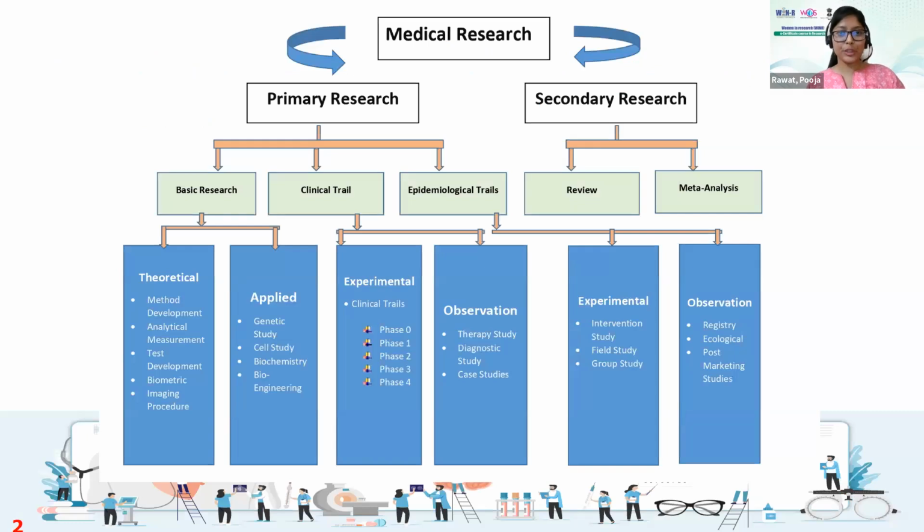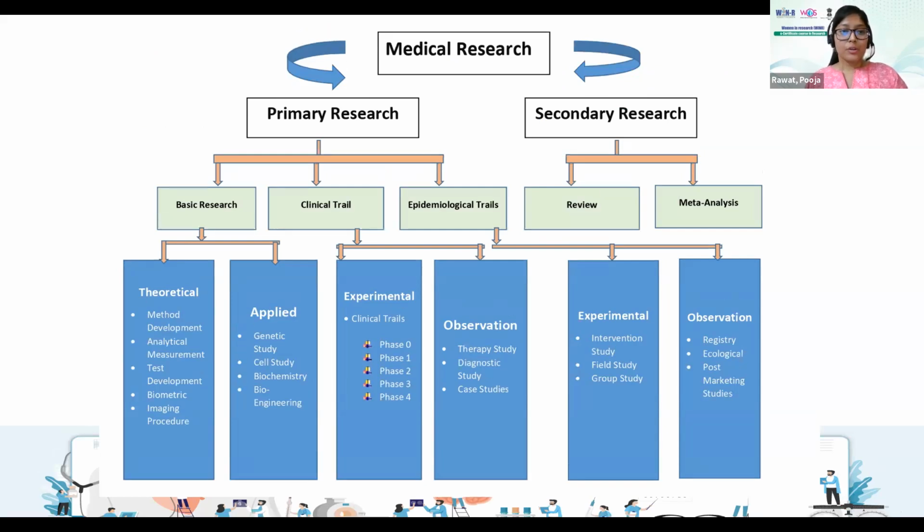So you can see this is a broad spectrum of medical research. Medical research is classified into primary and secondary research. Clinical and experimental studies are performed in primary research, whereas secondary research consolidates the available studies as a review or a systematic review and a meta-analysis.